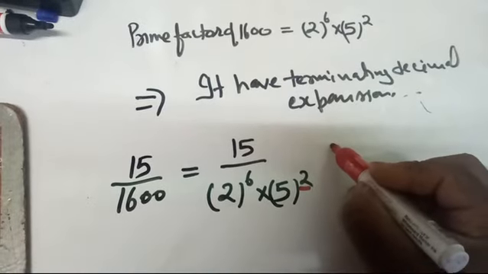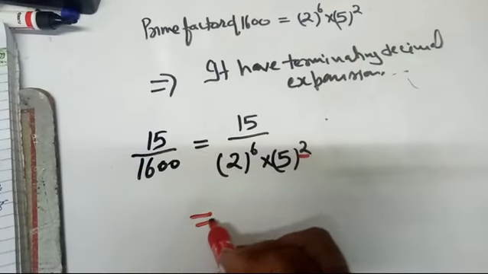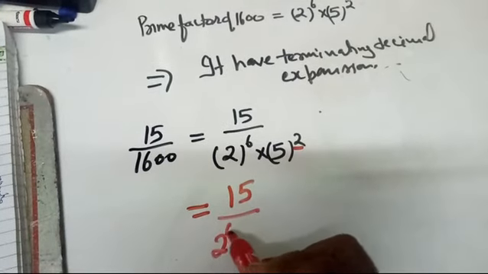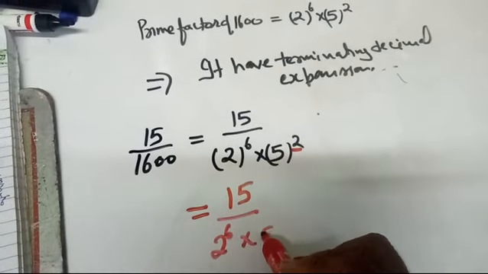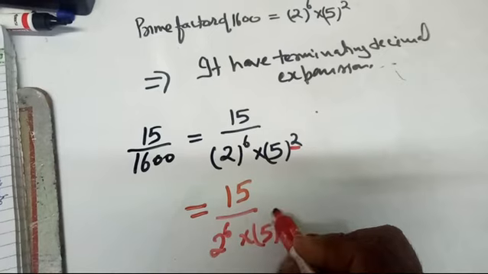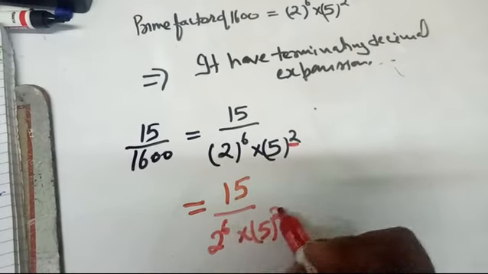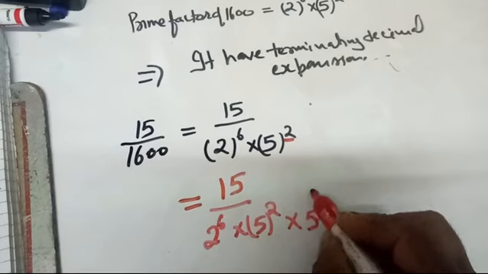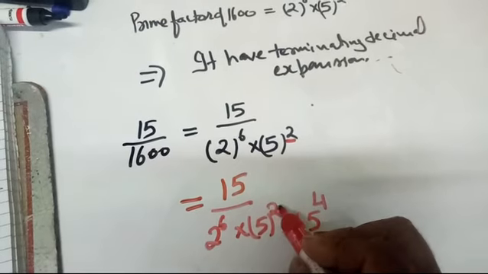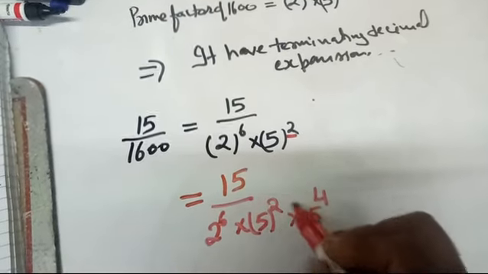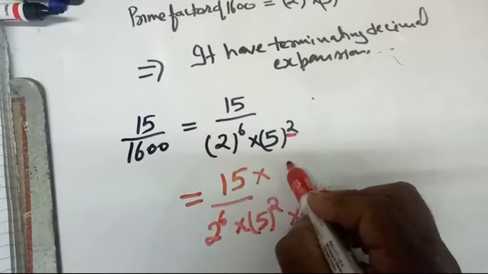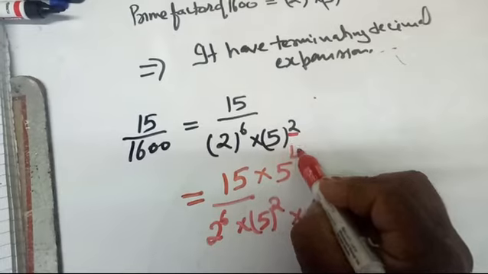So I have to multiply the denominator by 5 raised to power 4, because 4 plus 2 is 6. The same number we have to multiply on the numerator side.